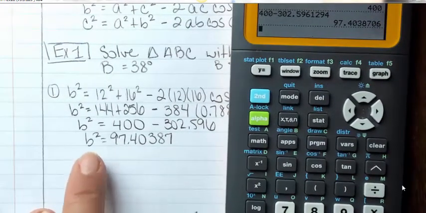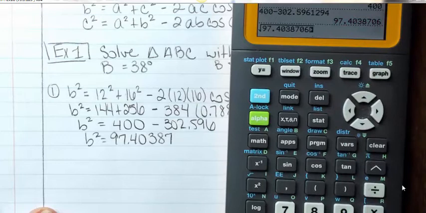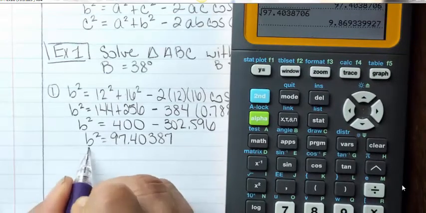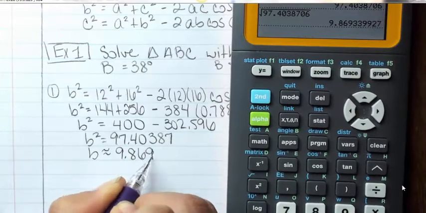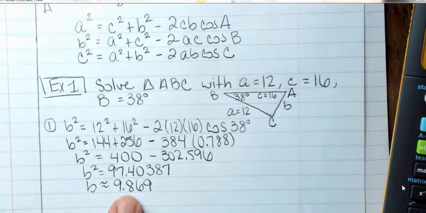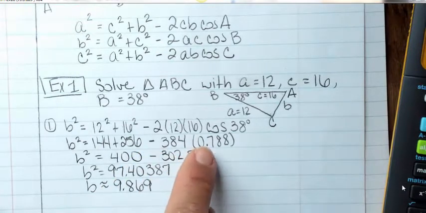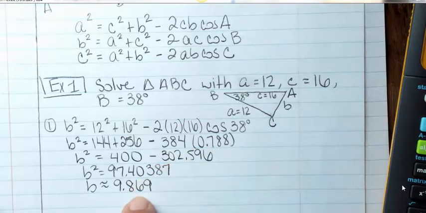And now to actually solve for B, I need to take the square root. So I'll do the square root, and I'll go back up and grab that number. So B is approximately 9.869. You have to be really careful because if you round a whole bunch back up here, every time you round and keep using that for calculations, your answer is not going to match what's in the book.